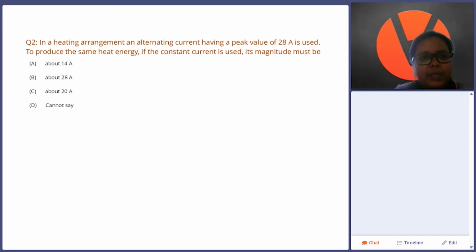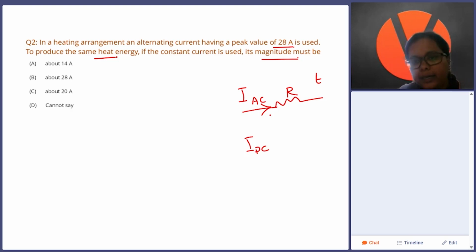Second question. In a heating arrangement, an alternating current having a peak value of 28 ampere is used. To produce the same heat energy, if a constant current is used, its magnitude must be? So, to produce the same heat energy. Whenever an alternating current flows through a resistor for a time t, right? For example, this is alternating current and the direct current flows through the same resistor for the same time, right?